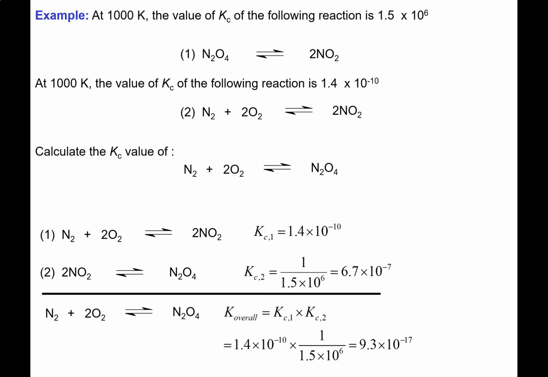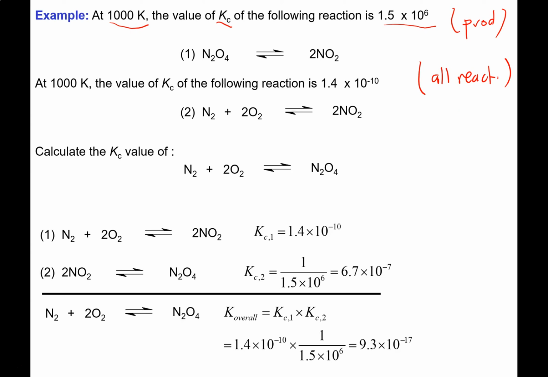So this is a good example of this. It says at 1000 K, the concentration equilibrium constant for the following reaction is 1.5 × 10^6. So this is telling us that it's almost all products, right? And then it says at 1000 K, the Kc of the following reaction is 1.4 × 10^-10. So that's telling you that it's all reactants, basically. Okay?